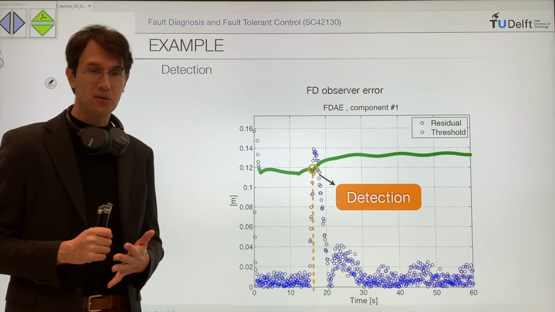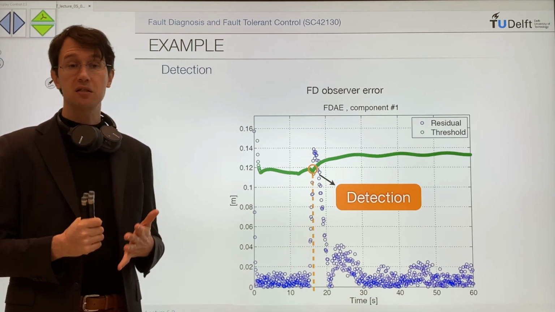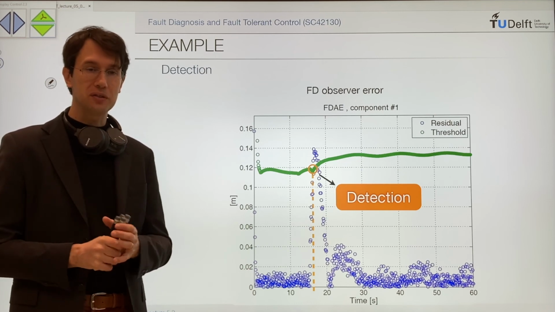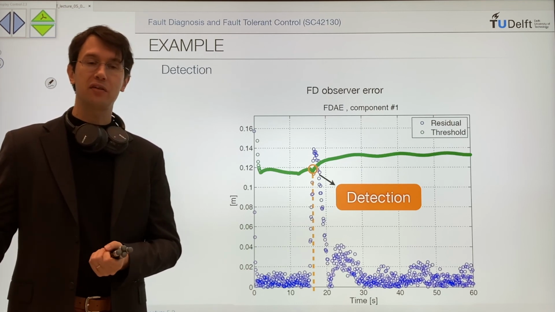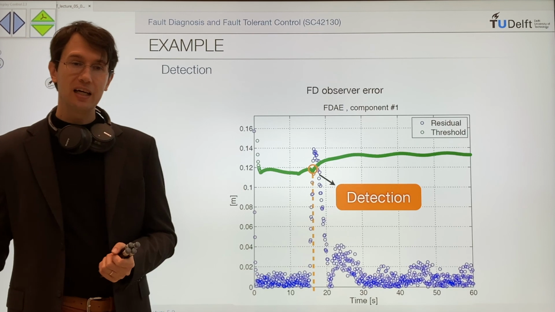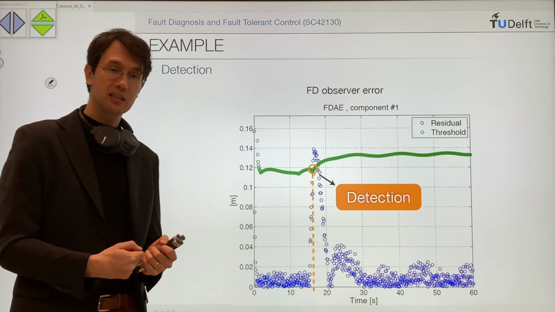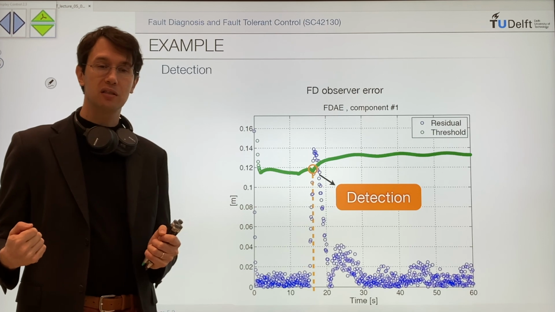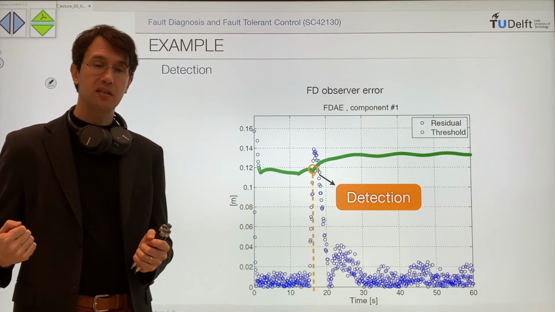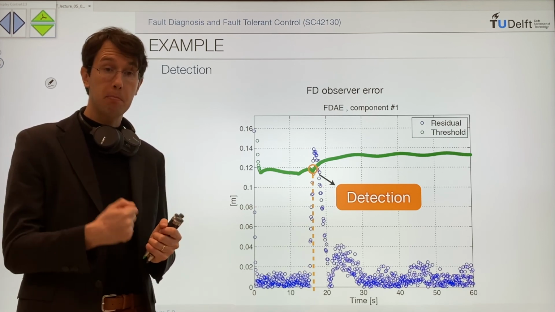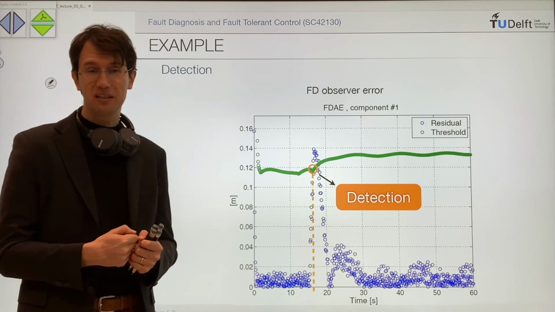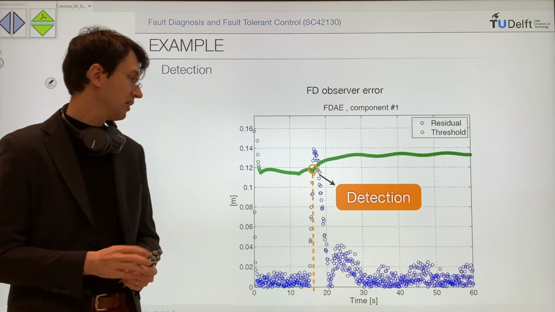And when you have a fault, the observer is compensating for the fault as well. After the fault, the output feedback error injection term in the observer is trying to compensate for that and bringing the estimate of the observer back to the measurement. And so the residual is going back to 0.